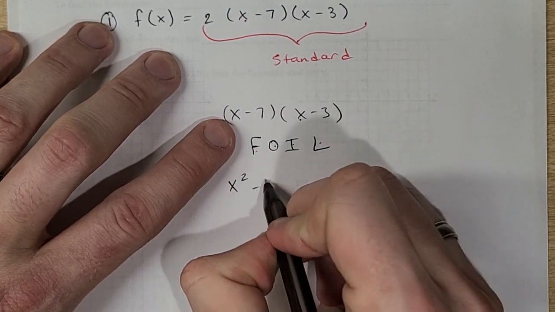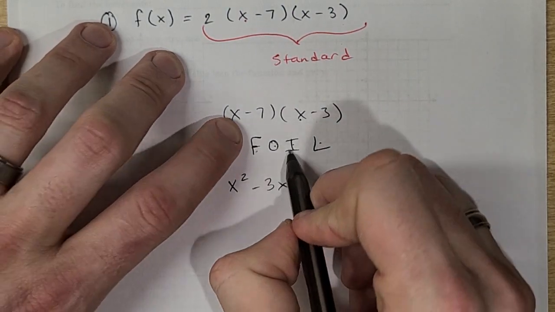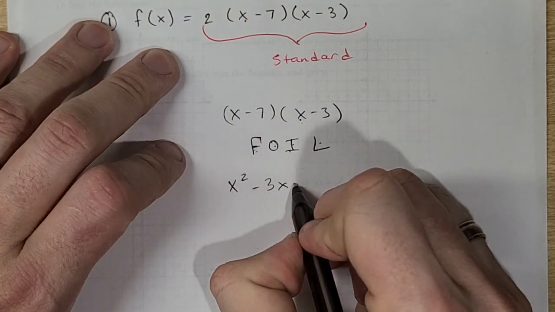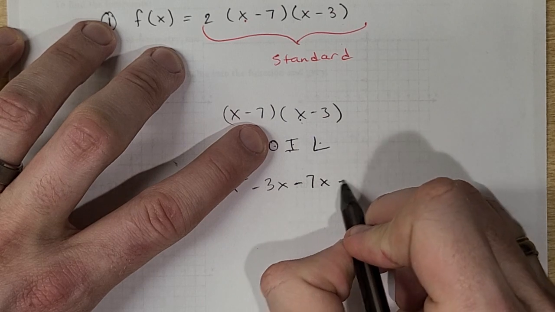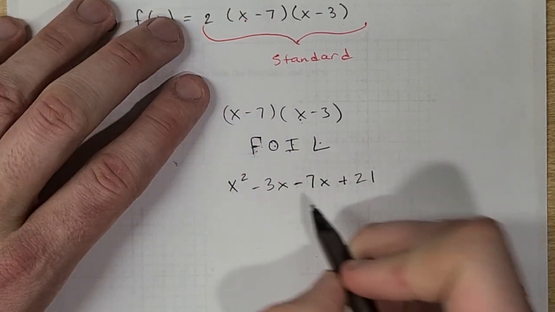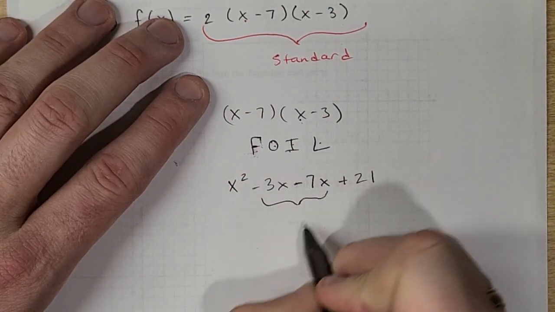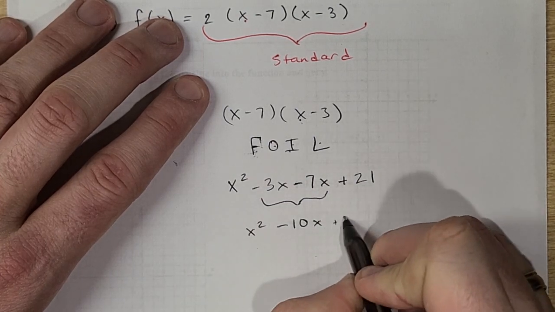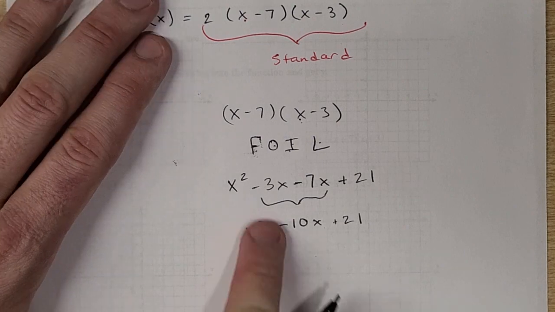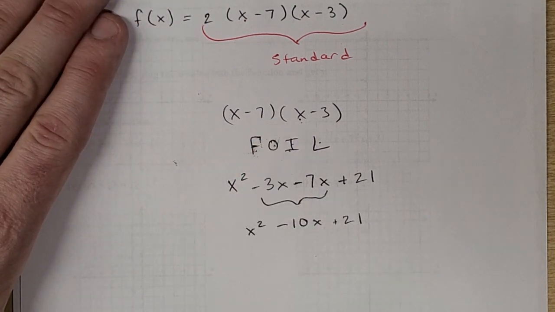Outside, x times negative 3 is negative 3x. Inside, negative 7 times x is negative 7x. And last, negative 7 times negative 3 is positive 21. These two things in the center can combine to make a negative 10x. So x squared minus 10x plus 21. Now that's what you would get if you would multiply these things together.